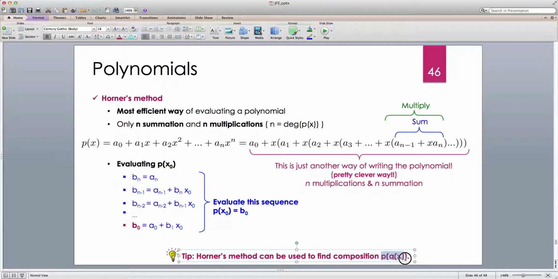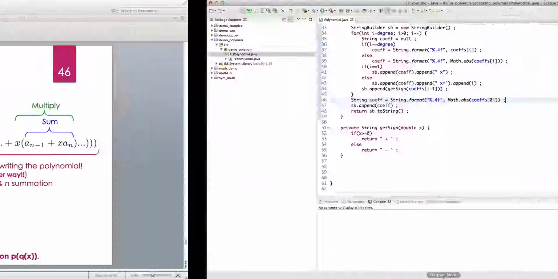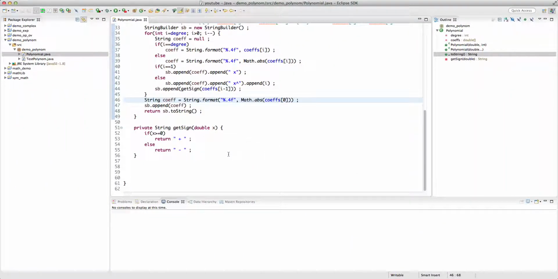Composition of polynomials. And that's a very interesting thing. So when we implement Horner's method, we can also use it to implement the composition. And again, it saves us a lot of raising to powers, because it just works based on addition and multiplication. All right, let's head to Eclipse and try to implement Horner's method.